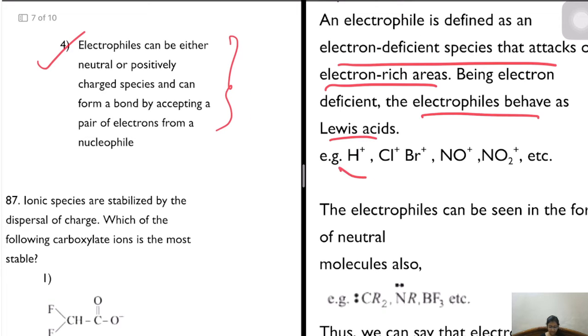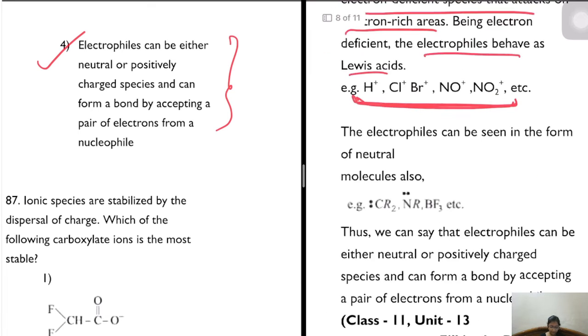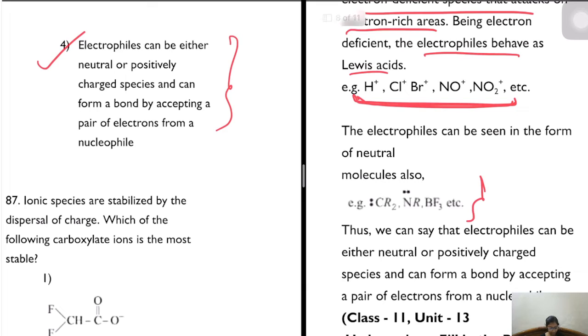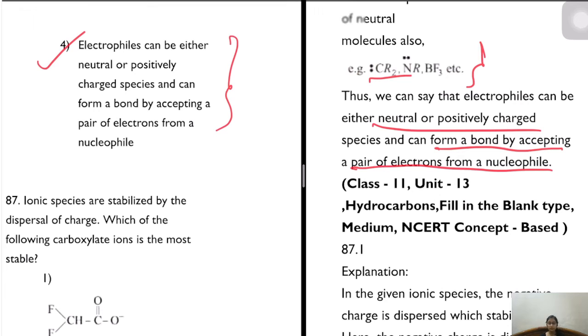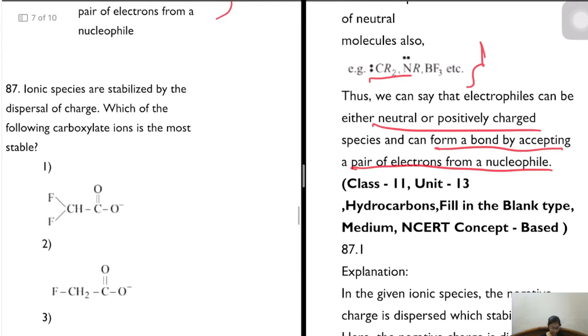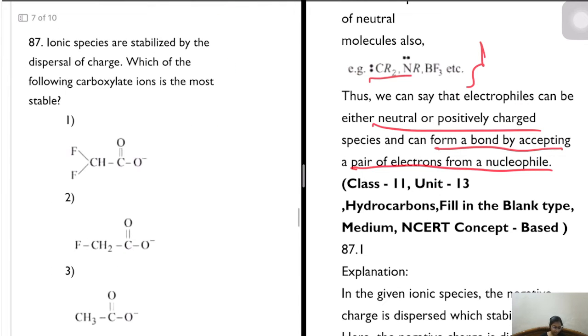So these are examples of positive charge carrying electrophiles and neutral forms, BF3, AlCl3. Therefore electrophiles can be neutral or positively charged species and can form a bond by accepting a pair of electrons from the nucleophile. So keep this in mind.